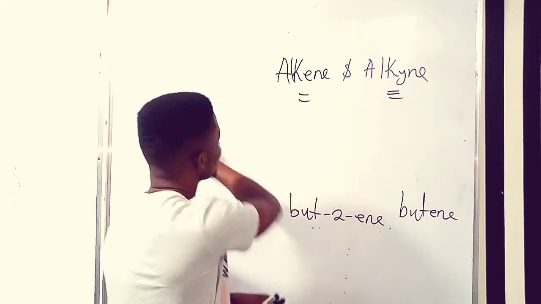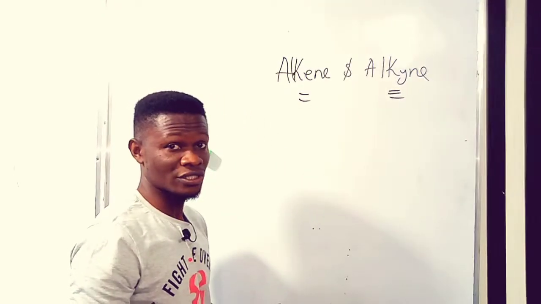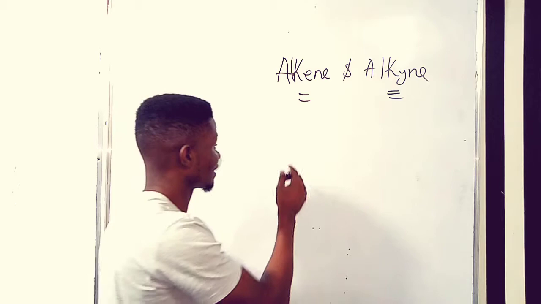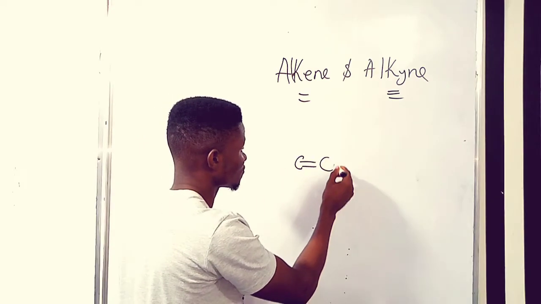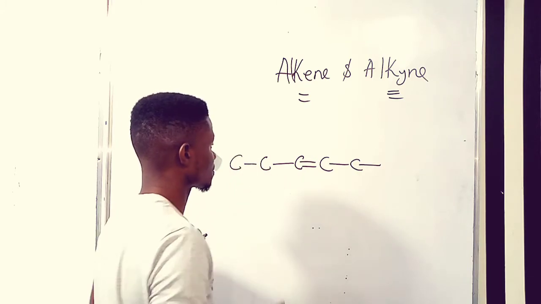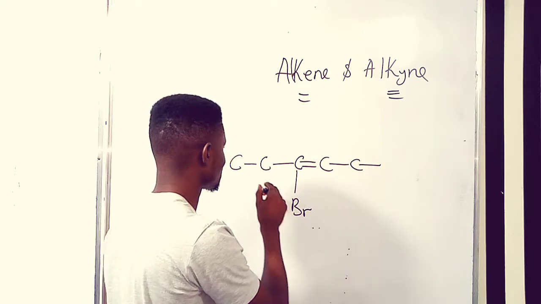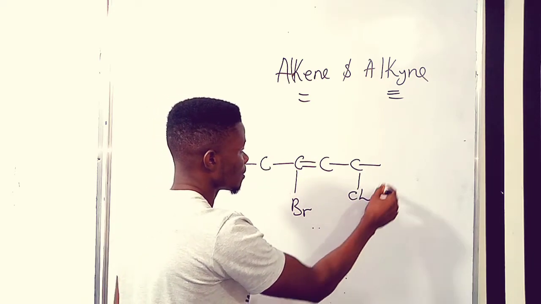For example, the position of the double bond is not at the first one. For example, we have this, then here we have this, and here we have this.